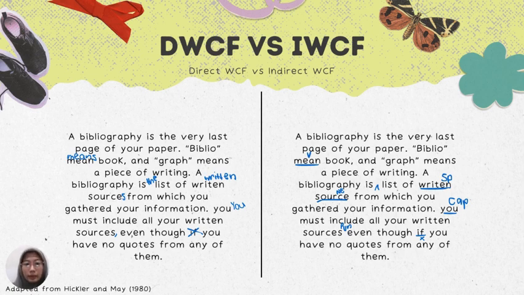And also here is written, which the error is the spelling form. And then here is the noun ending because source here should be in plural form, so you have to put s in here.